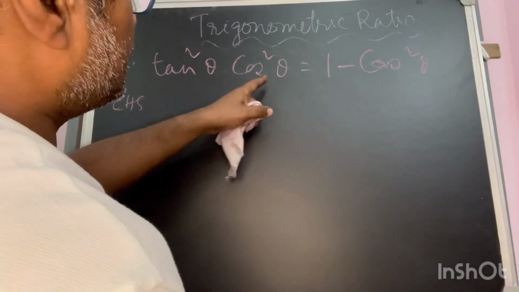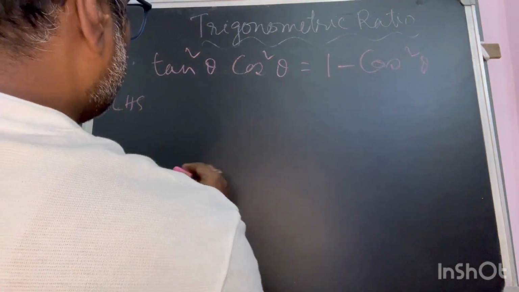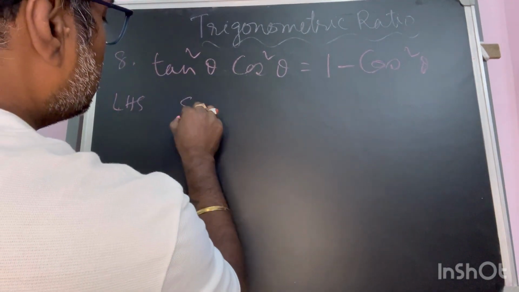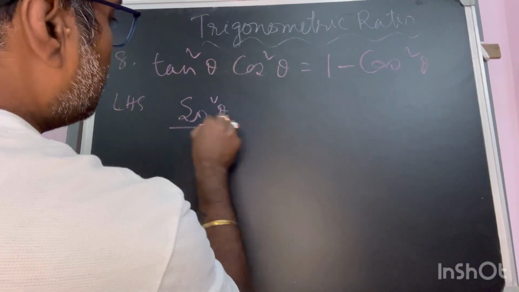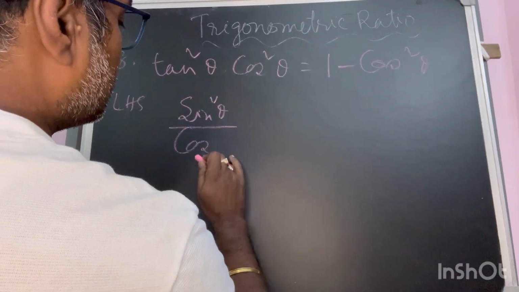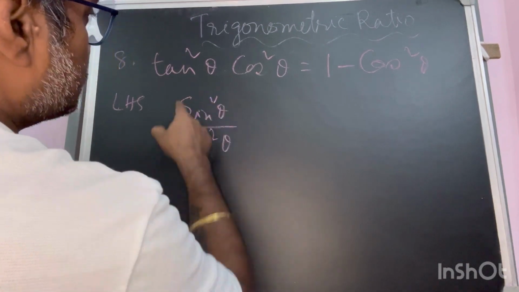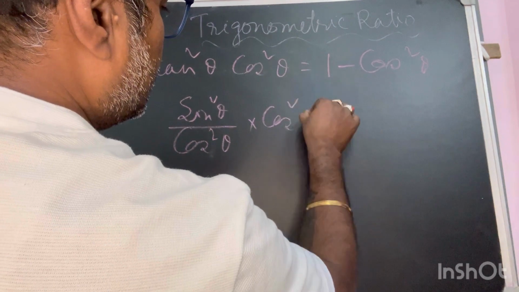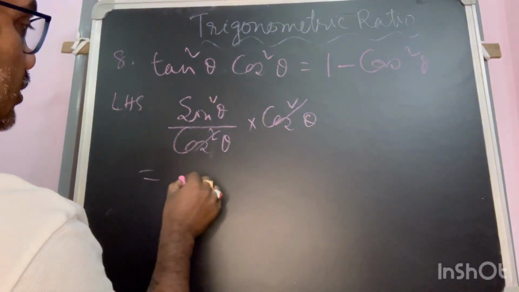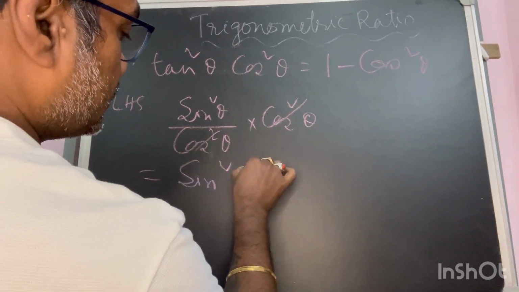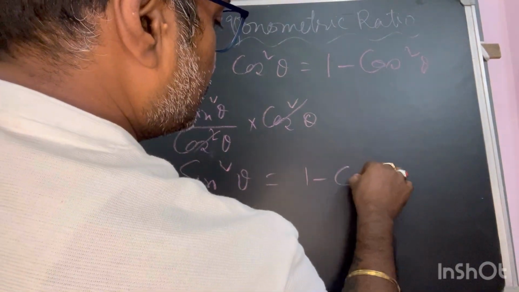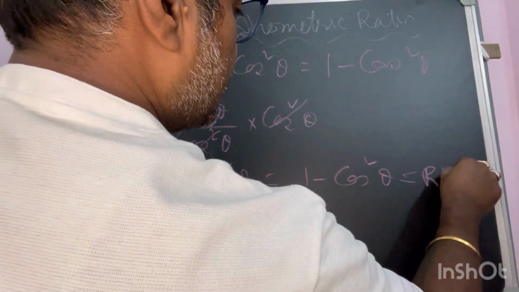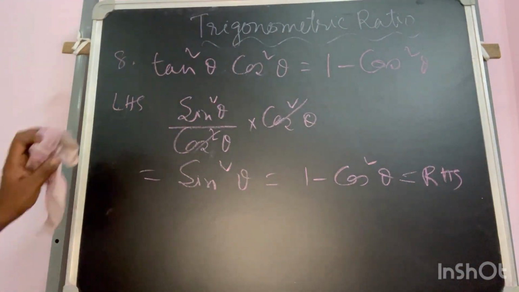Tan is nothing but sin by cos, so as it is squared, sin square theta by cos square theta into cos square theta, cos square cancels automatically. So that will be sin square theta. Sin square theta is equal to 1 minus cos square theta, which is equal to the right hand side. Okay.